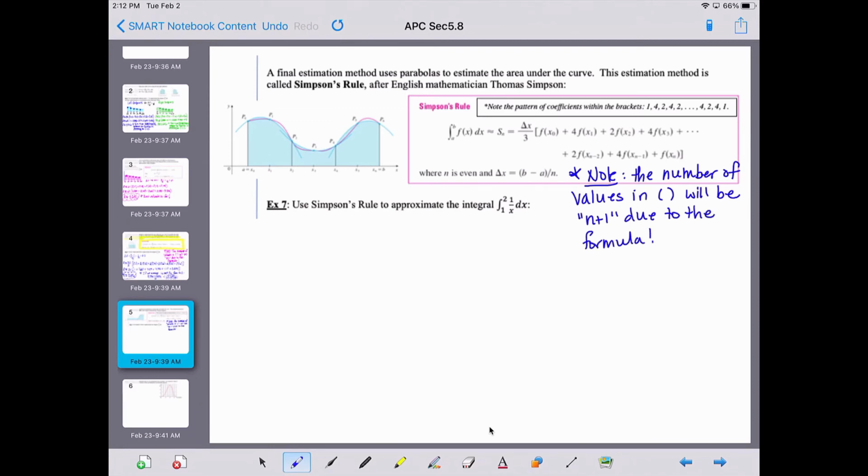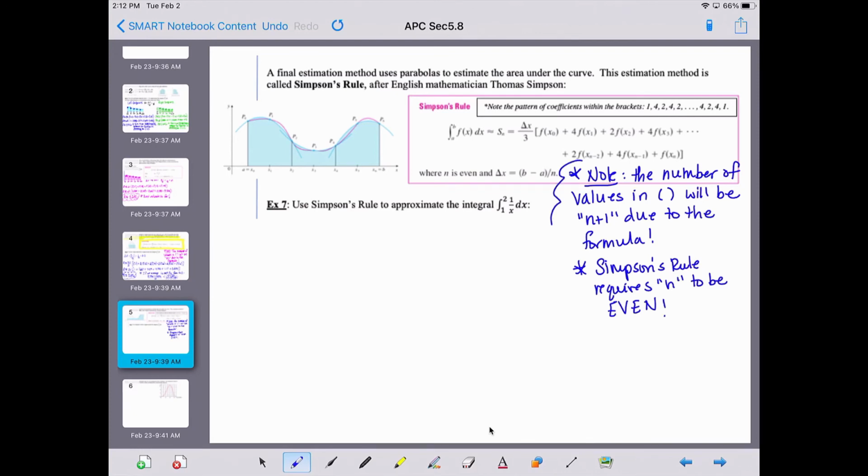And then the other thing is that Simpson's rule requires our n to be an even number. Because of the way that the pattern of the coefficients has to go, n has to be an even number.